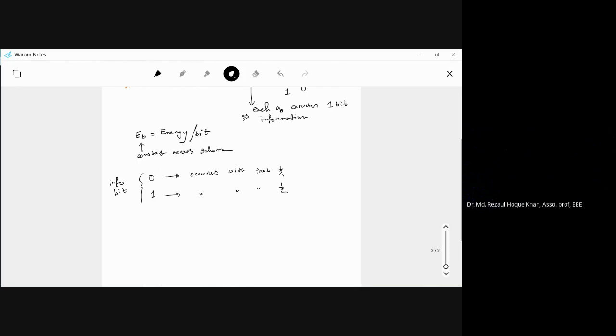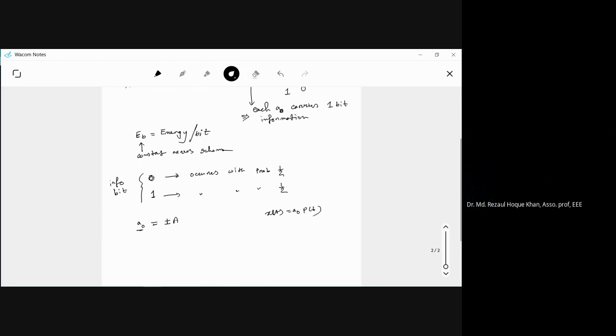That's why we call this equal probability. Now a0 is either plus or minus A, where A could be a fixed voltage, because x(t) equals a0 p(t).